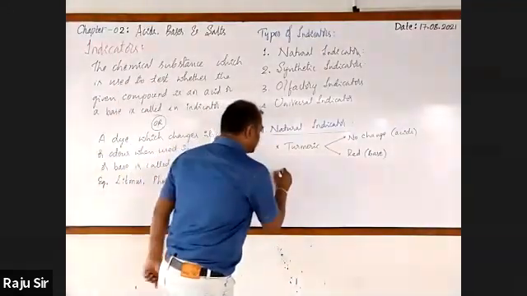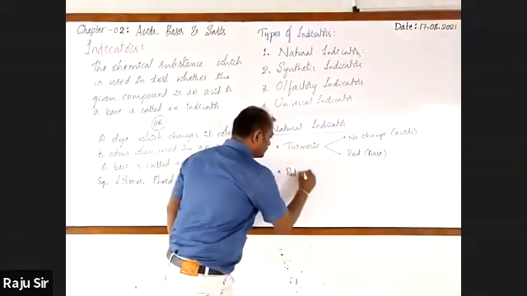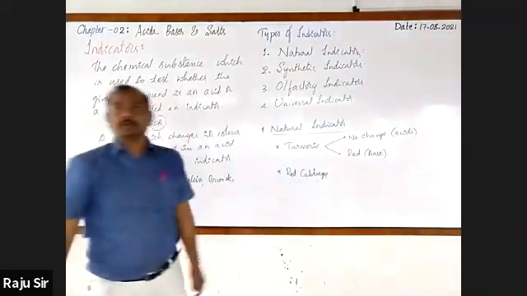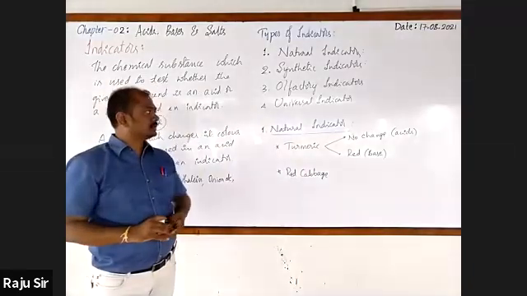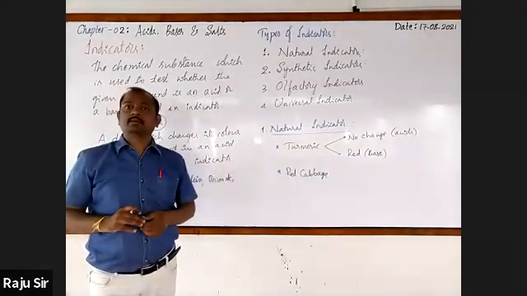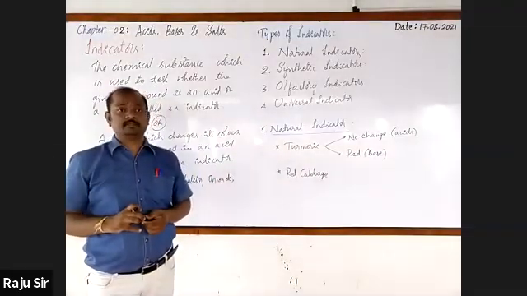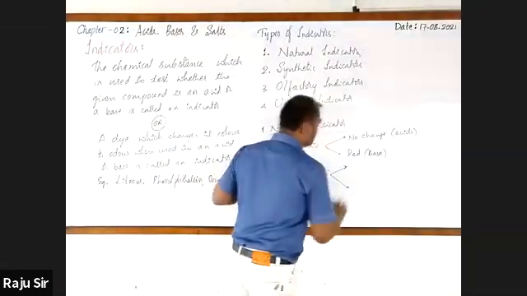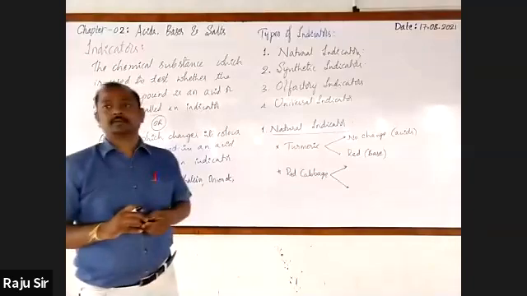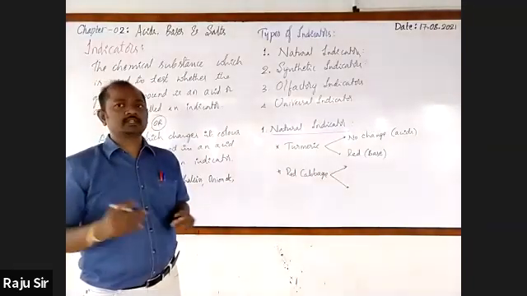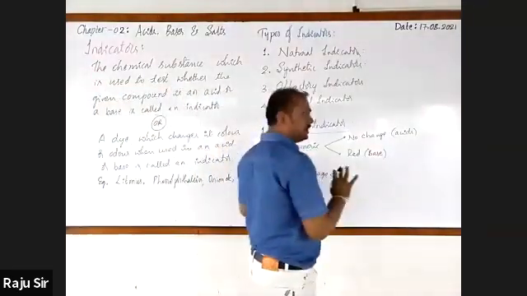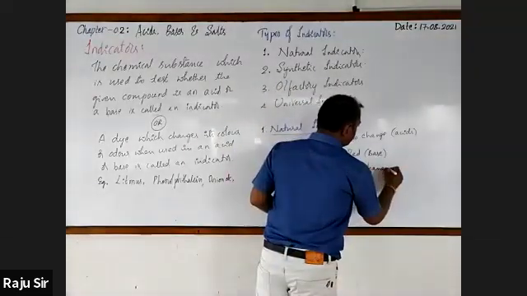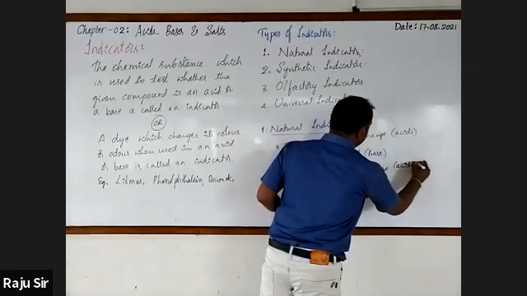I'll take the second example. Even red cabbage can be used to test whether the given compound is acid or base. If it is acid, no change. No change in case of acids.